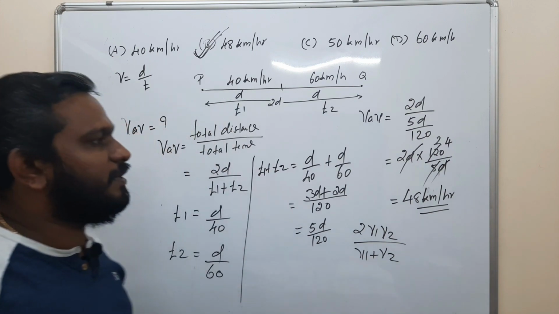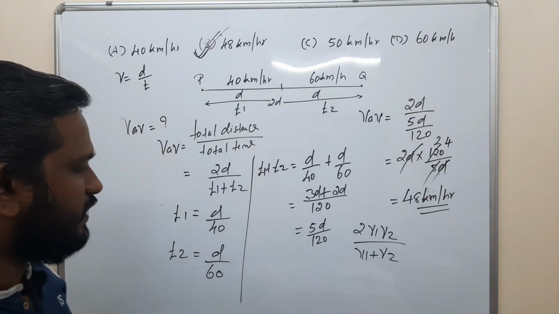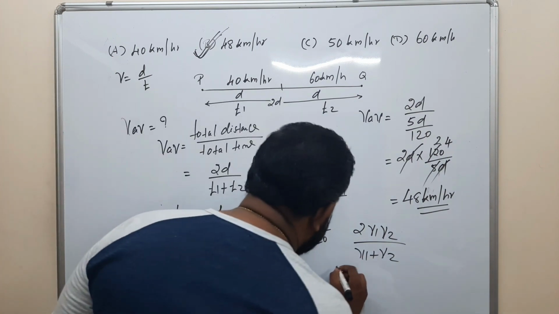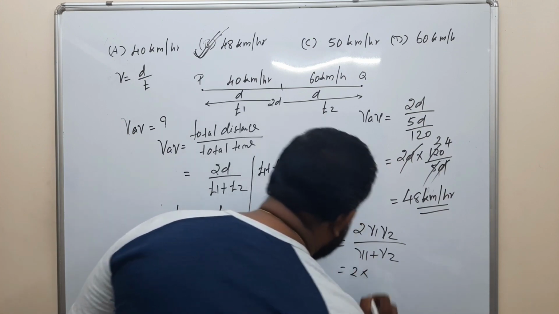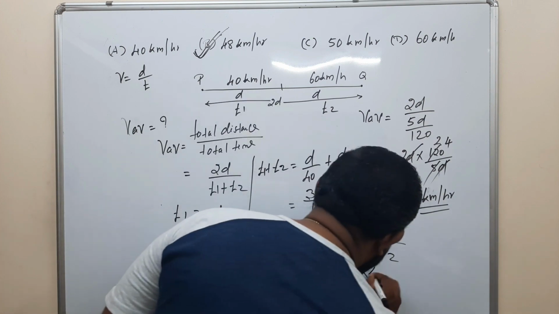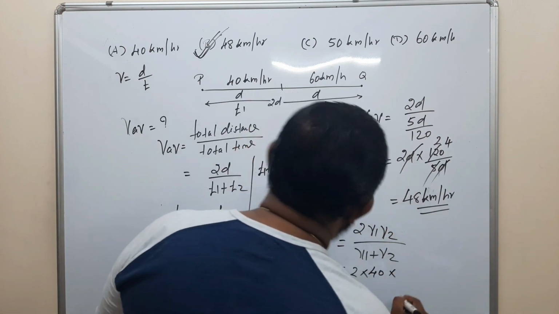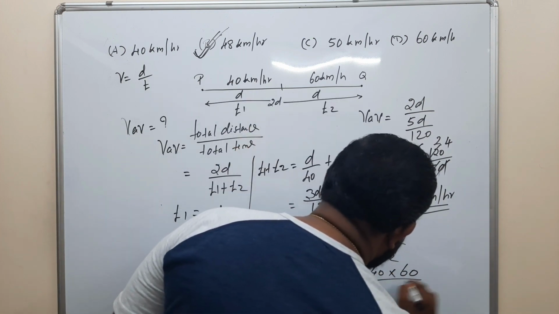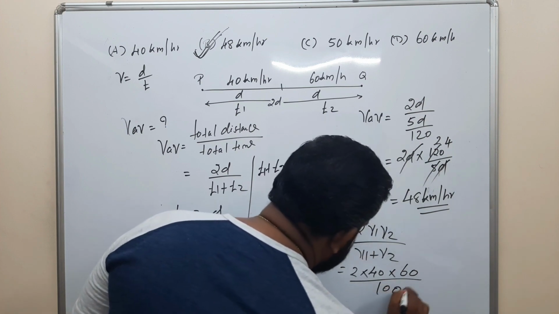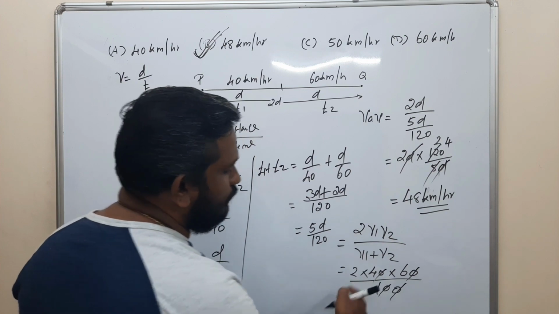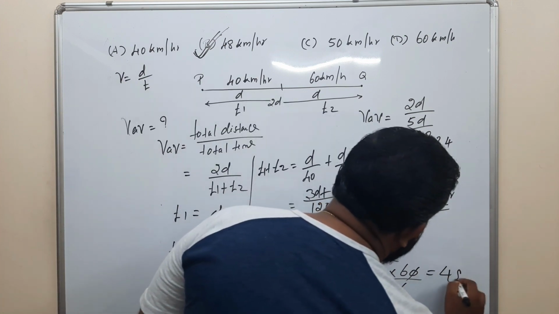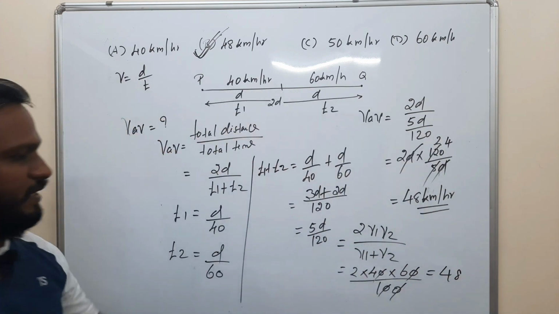Instead of doing all these things, we can apply this formula. So that's equal to 2 into v1, the first speed, 40, and the second speed, 60. v1 plus v2 is 100. So the zeros cancel. 6 4s are 24. 24 into 2 is equal to 48 kilometer per hour.